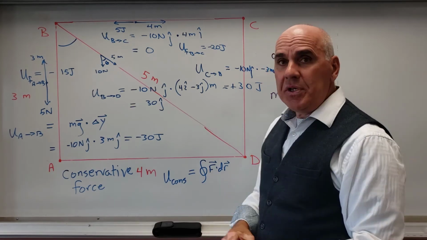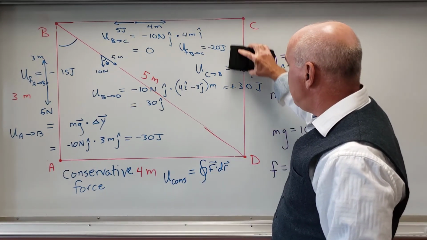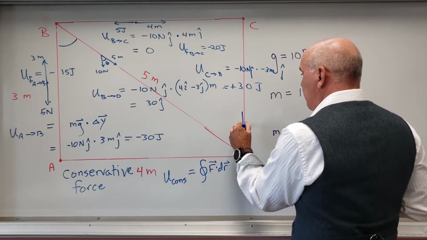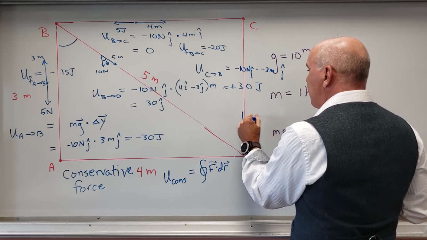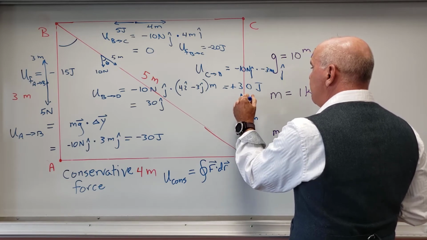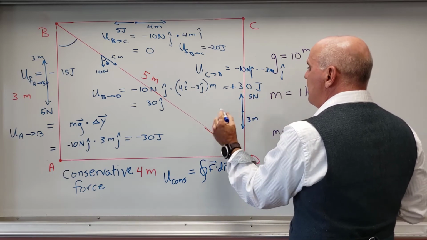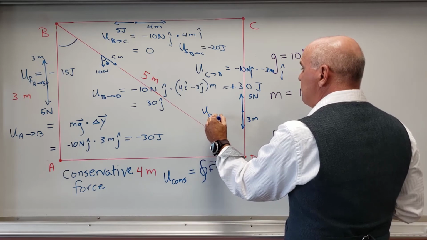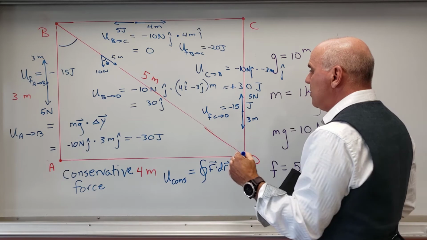So the work done by friction from B to C is negative 20 joules. All right, real briefly, when I go from C to D, I'm going to get negative 15 joules. Right? My displacement is 3 meters in that direction. My force is, not 15, 5 newtons in that direction. And so the work done by friction from C to D is equal to negative 15 joules.